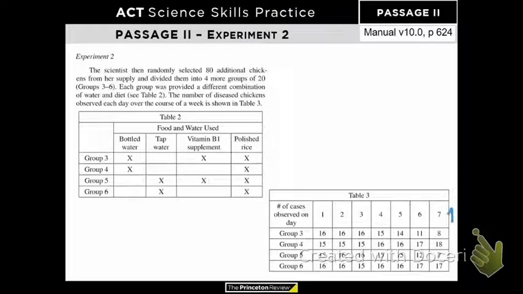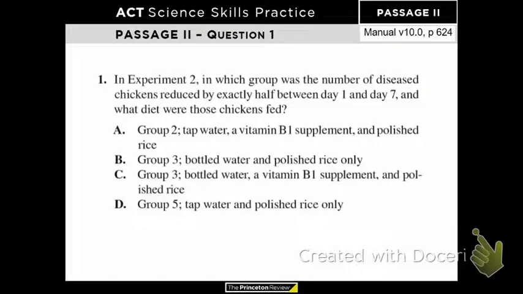So as the days go on, it looks like for group 3 we are decreasing. Group 4, it's increasing. This looks like it comes up and comes back down. This one goes down, comes back up, so something like that. Okay. So here we go.